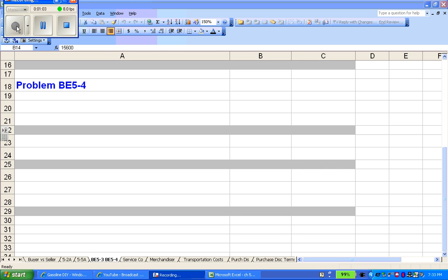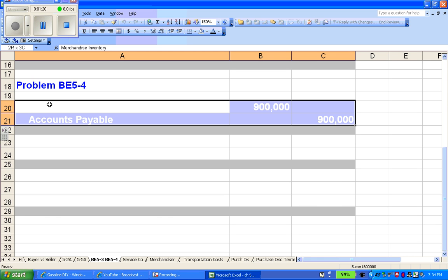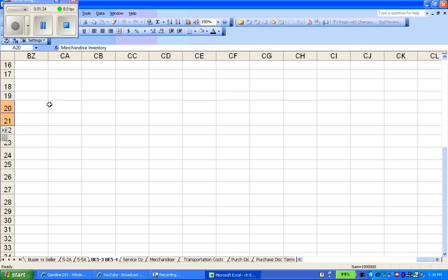That's really all we need to know. As the buyer, we're going to record that inventory coming in. So we're going to debit our inventory. This is different than as a seller. As a seller, you would make two entries there. As the purchaser, as the buyer, you're just concerned with what it cost you, that sales price, and you're going to put that in your inventory.